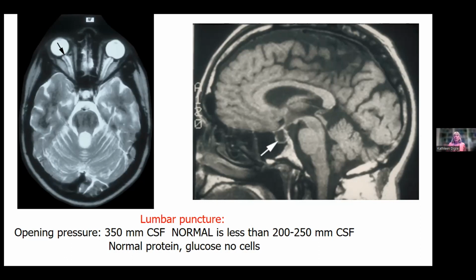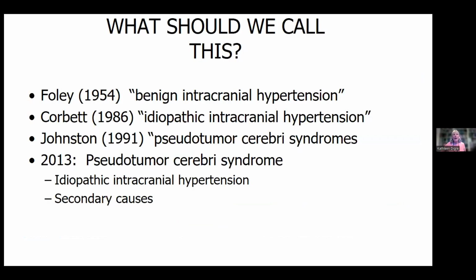And her pressure was 350 millimeters of CSF, and normal pressure is less than 200 to 250 millimeters of CSF. So her pressure is abnormal. It's elevated. The fluid, when we test it, is normal. The protein in the fluid is normal. The glucose in the fluid is normal, and she has no white cells, which tells us this isn't due to meningitis or something else.